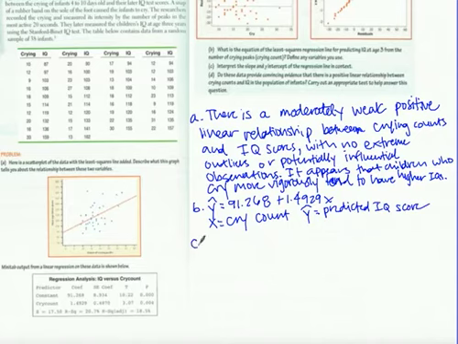IQ score. C says interpret the slope and the y-intercept of the regression line in context. So the y-intercept would be the 91.268. And the slope would be the 1.4929.